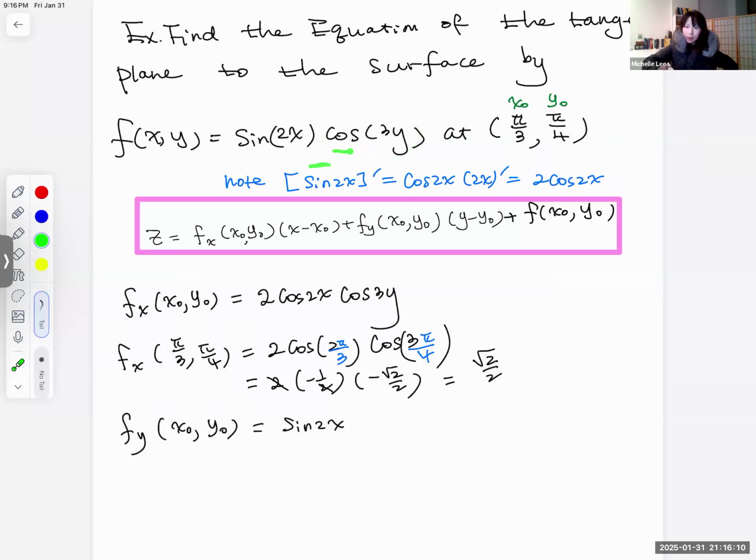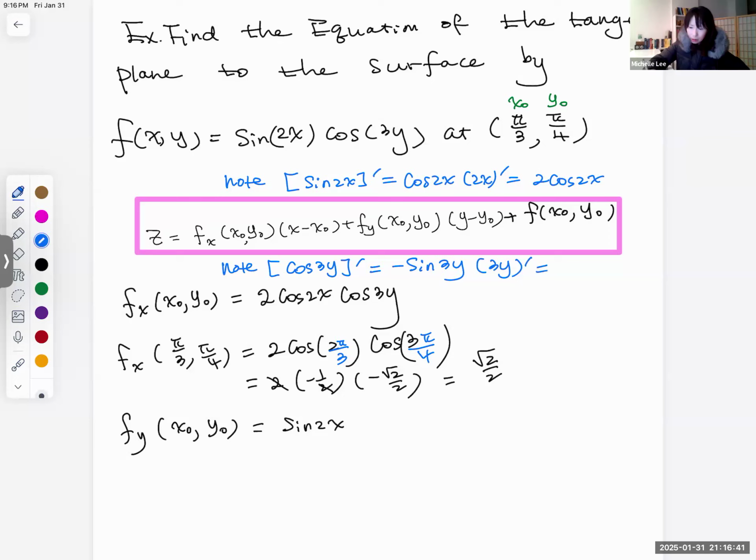It's negative sine 3y. And then chain rule.